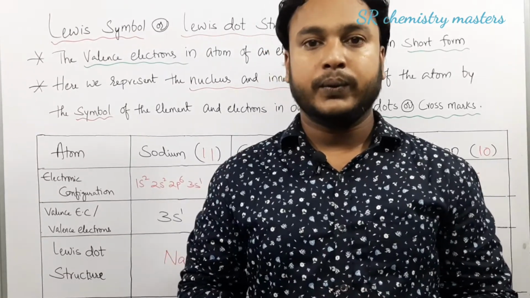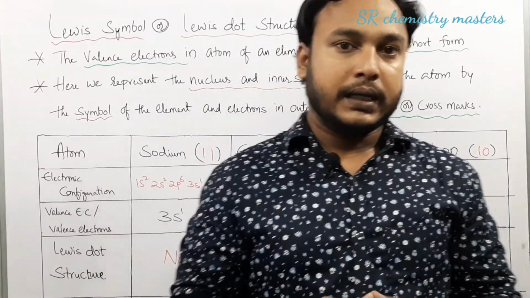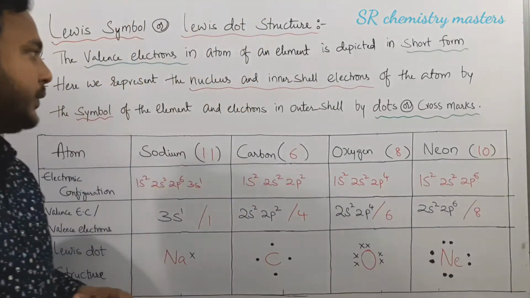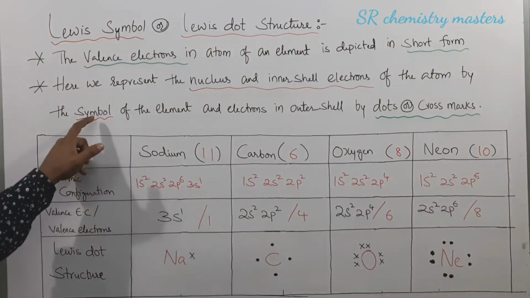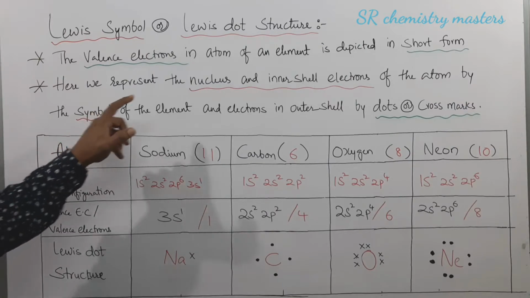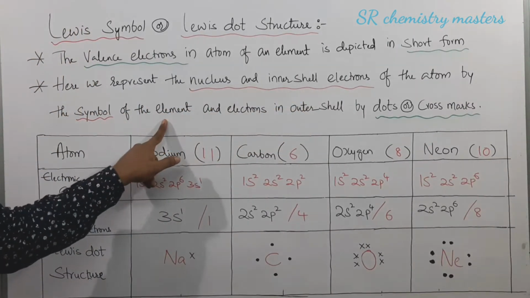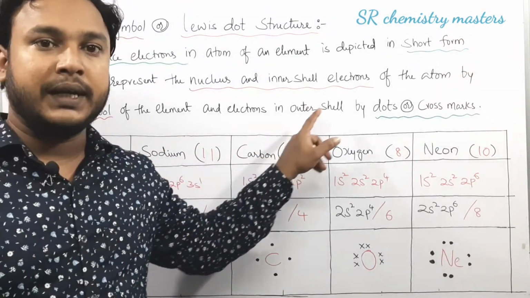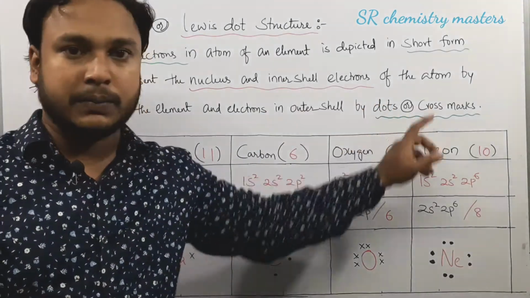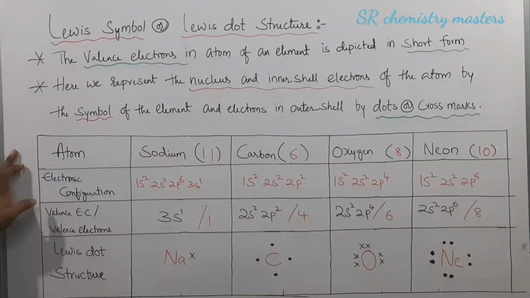Let us see how to write the Lewis dot structure. We simply represent the nucleus and the inner electrons by the symbol of the element, and the electrons present in the outermost shell by either dots or cross marks. Here we have prepared a table showing how to write the Lewis dot structure.